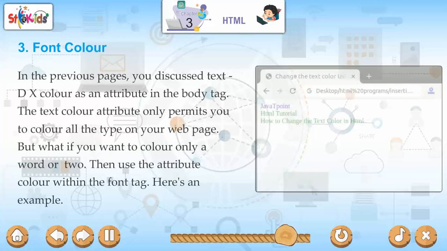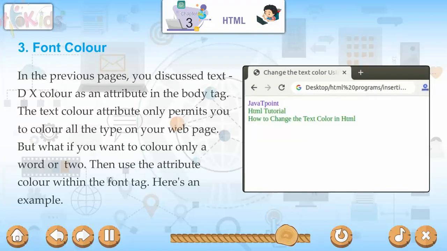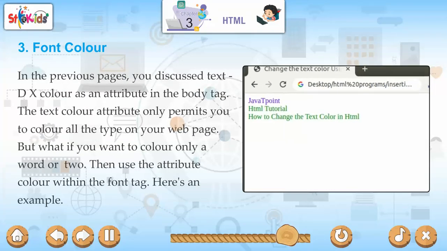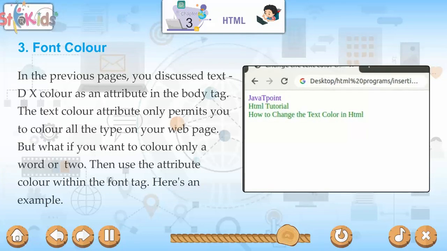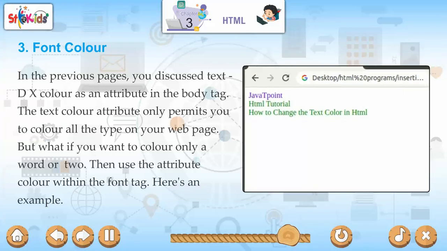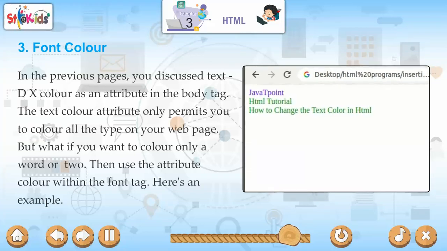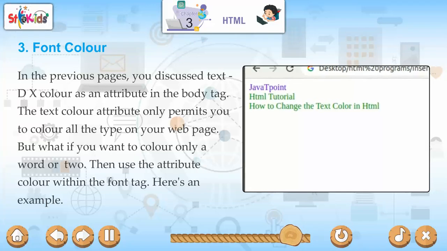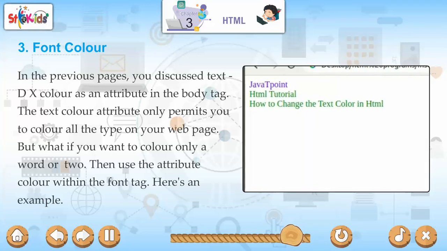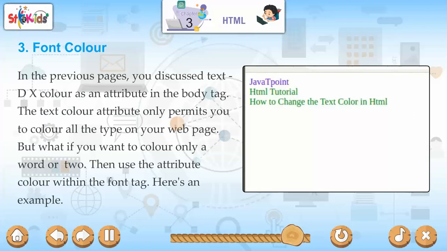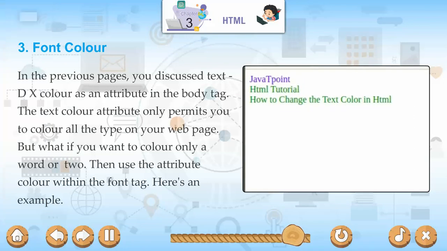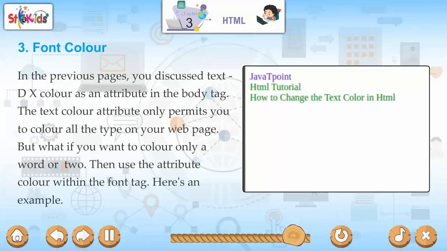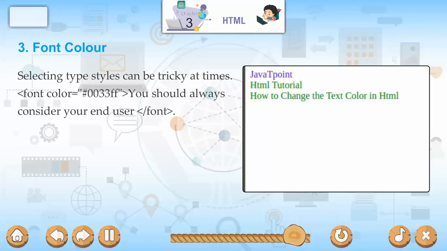Third, font color. In the previous pages, you discussed text color as an attribute in the body tag. The text color attribute only permits you to color all the type on your web page. But what if you want to color only a word or two? Then use the attribute color within the font tag. Here is an example.